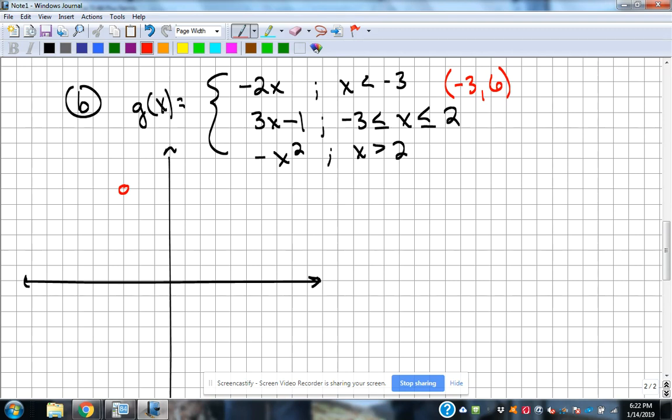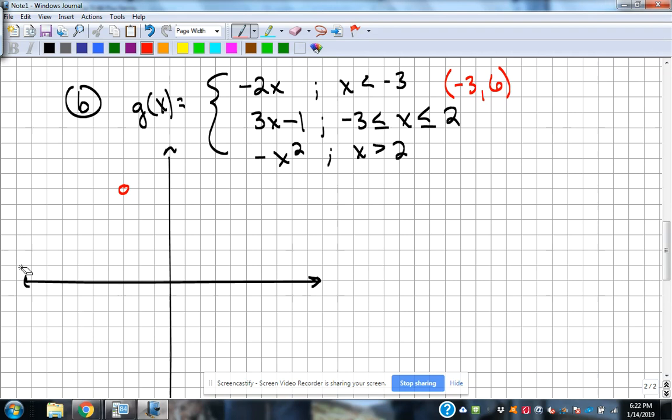Now, I need to go in the correct direction when I draw the rest of that graph. So, which direction are my x values going? It says the x values are what to negative 3? Less than. So less than -3 would be going toward -4, -5, -6.